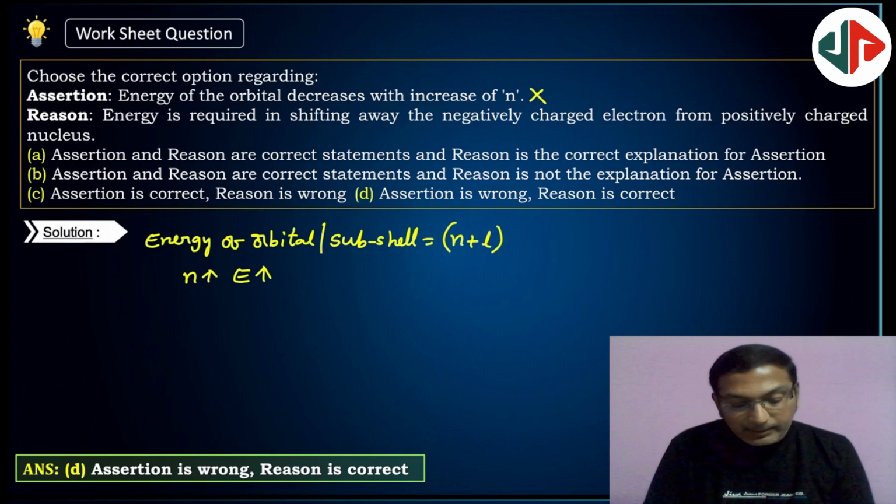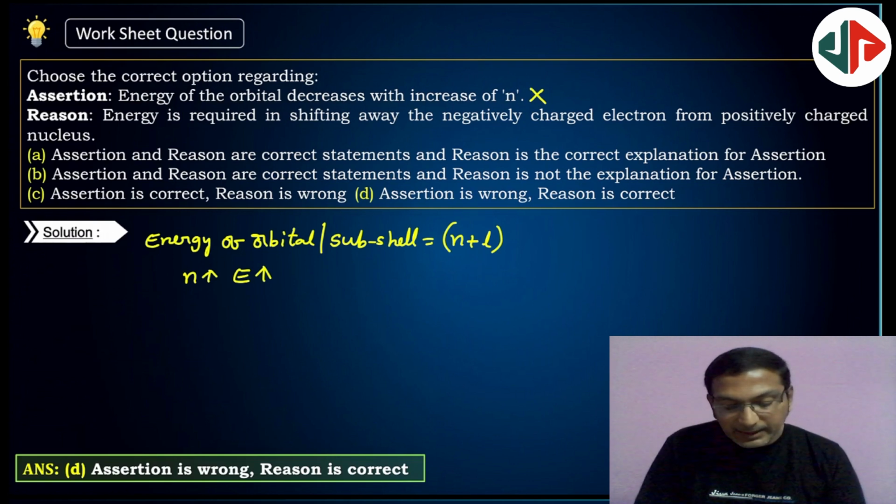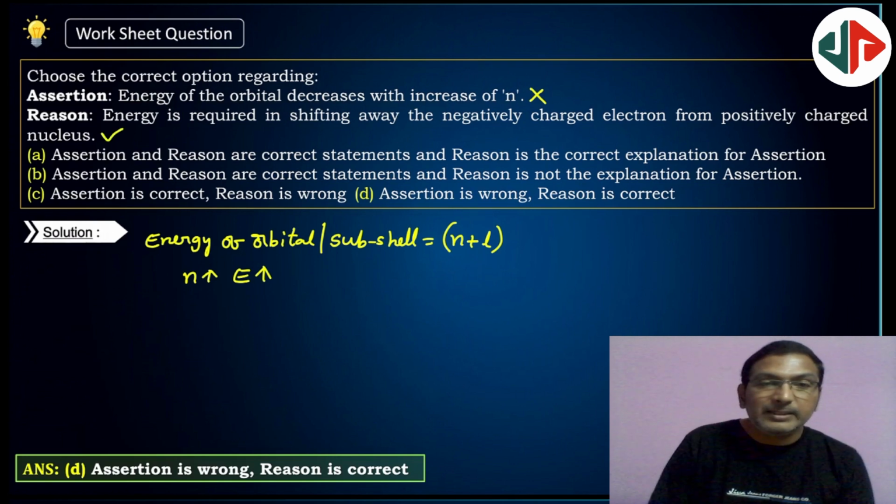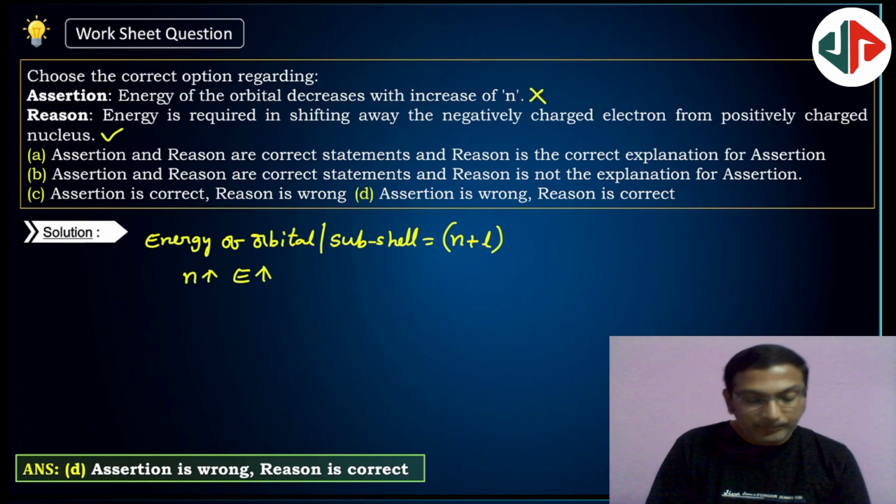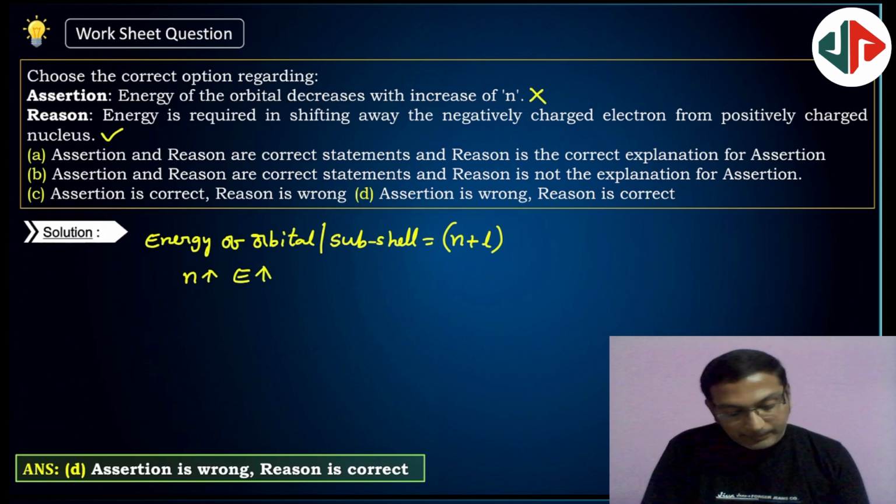Next, reason: energy is required in shifting away the negatively charged electron from the positively charged nucleus. This statement will be correct. We know the charge of the nucleus is positive, the charge of the electron is negative. Therefore, so much energy is required to separate the electron from the nucleus. So, assertion wrong and reason correct.